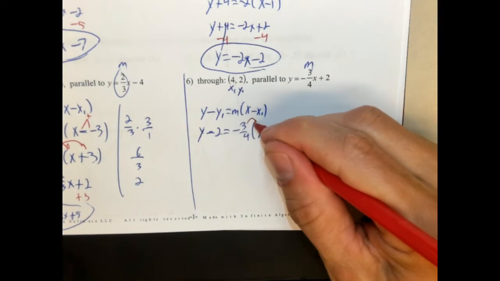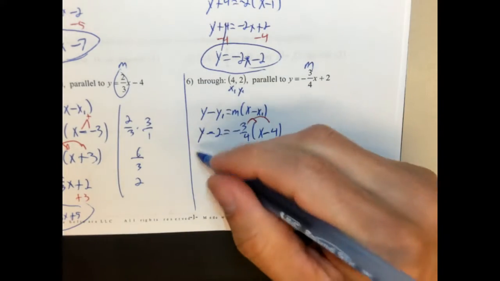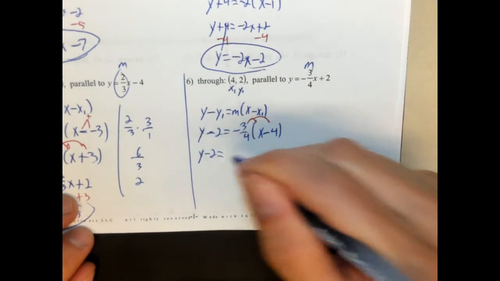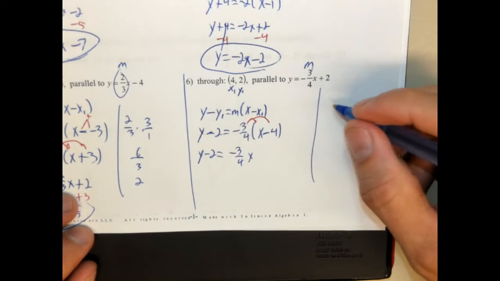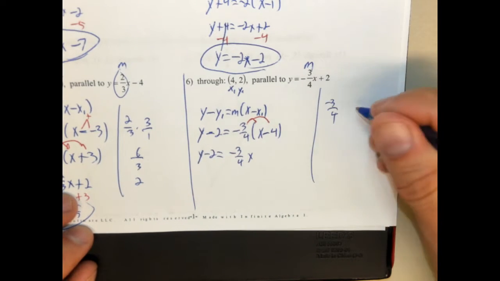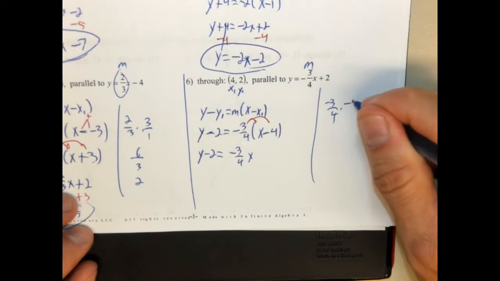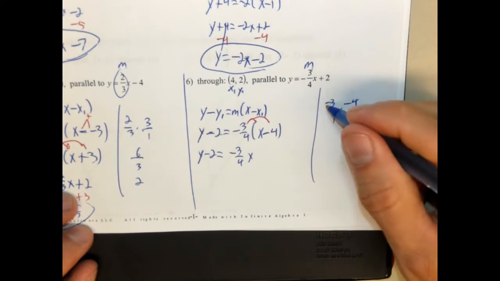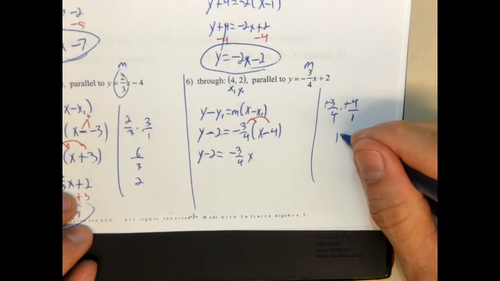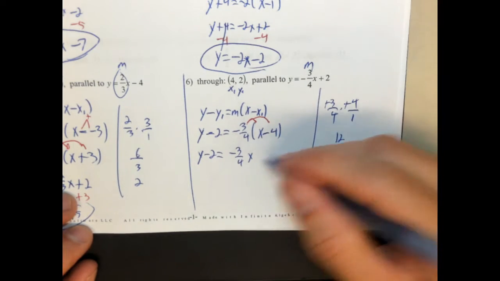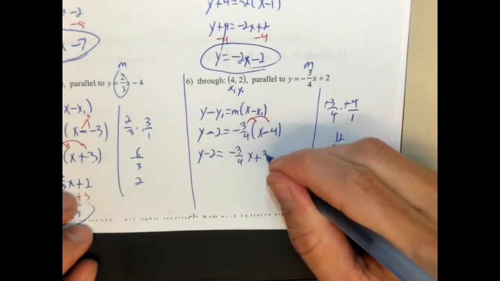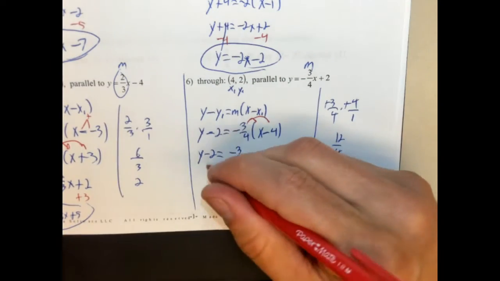So we're going to distribute this negative 3/4. So y minus 2 equals negative 3/4 x. And I'm going to write this on the side here. So negative 3/4 times negative 4 over 1. So the negatives will cancel. 3 times 4 is 12. 12 over 4 is 3. And it's going to be positive because the negatives cancel each other out. So plus 3. And then we're going to add 2 to both sides.